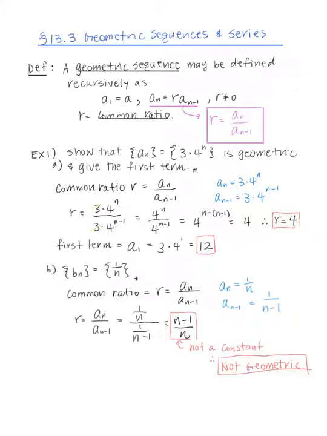However, you can still find its first term. Our b sub 1 is 1 over 1, which will be 1.